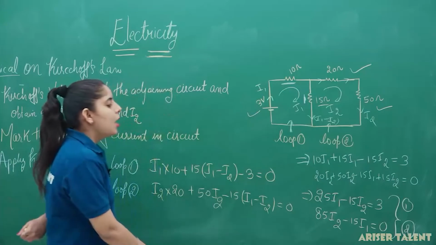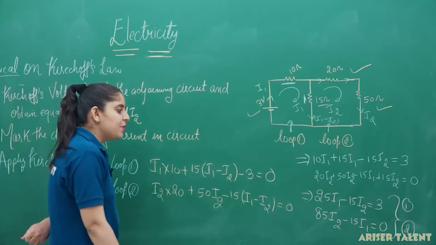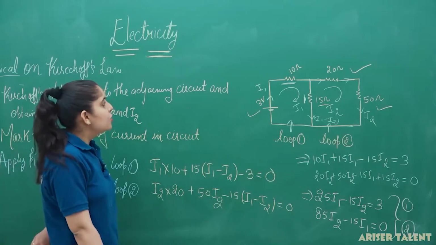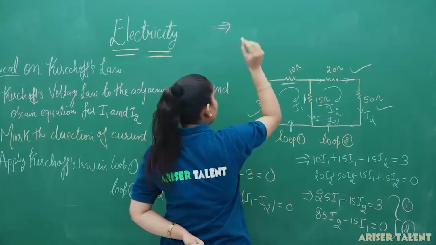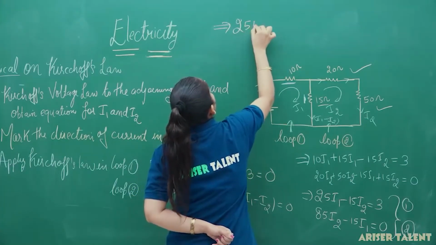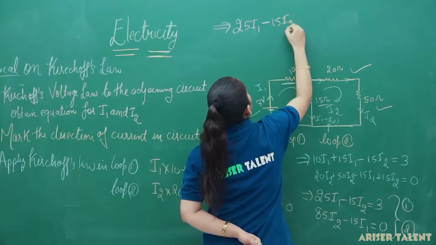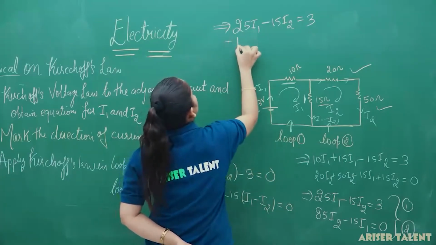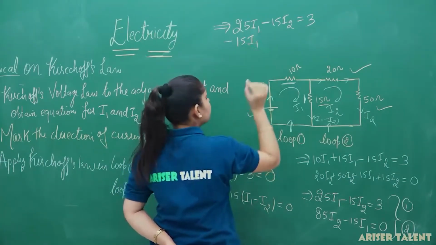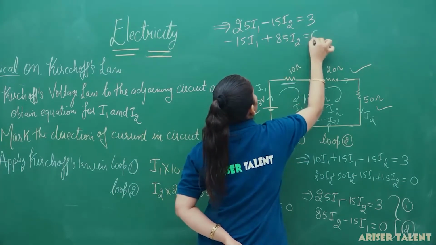Now, how do you solve these equations? We will simply solve them by equating coefficients. So the equations we have are 25 I1 minus 15 I2 equal to 3, and minus 15 I1 plus 85 I2 equal to 0.